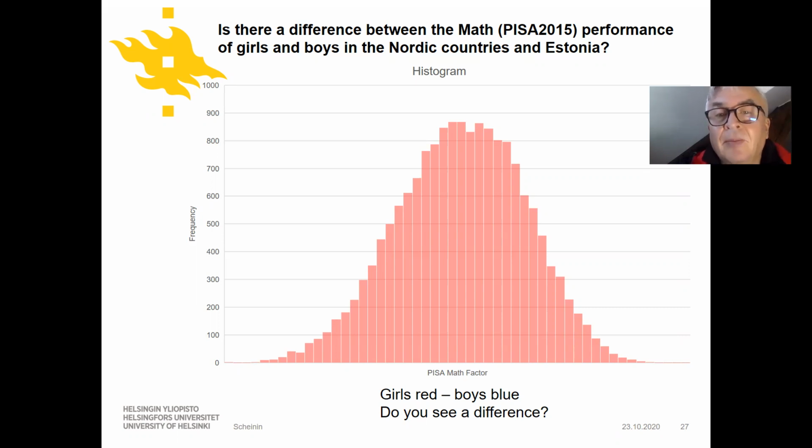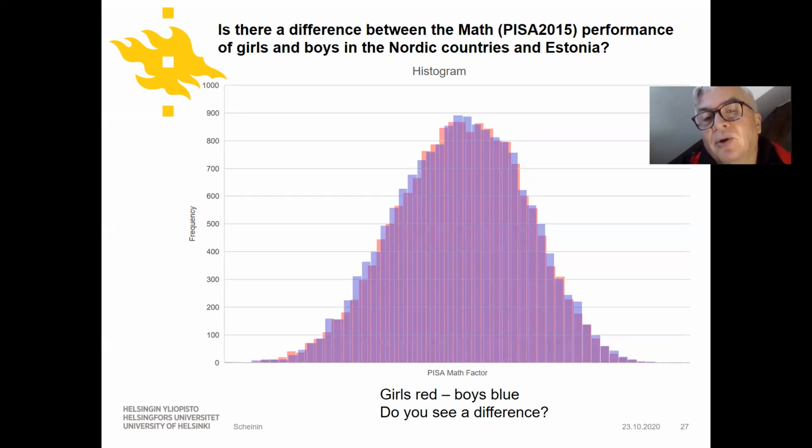So here we have the distribution of the girls, fairly normal. Distribution of the boys, fairly normal. Would you say that they are the same or almost the same, or are there some differences?